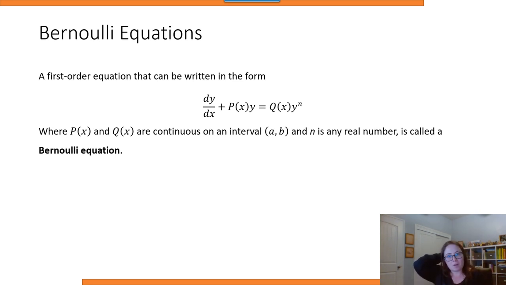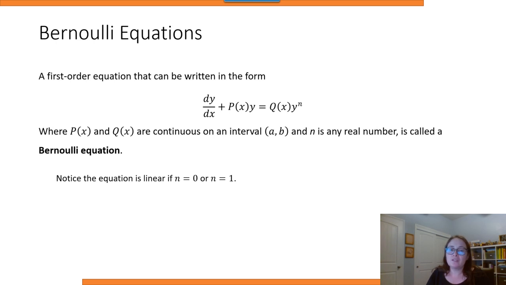So these kind of remind me more of when we did integrating factors. If you're familiar with those, we tend to use integrating factors when we solve these. Not always. Separation of variables might also work as well. But if you have it in this form, where I've got the derivative plus a function of x times y equals a function of x times another power of y, then this is a Bernoulli equation.